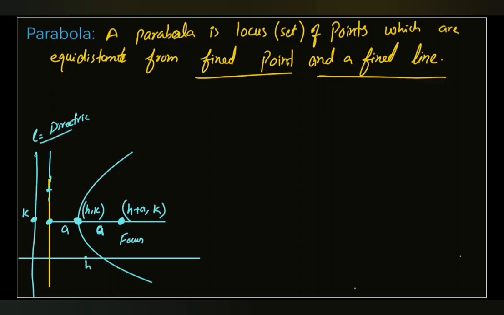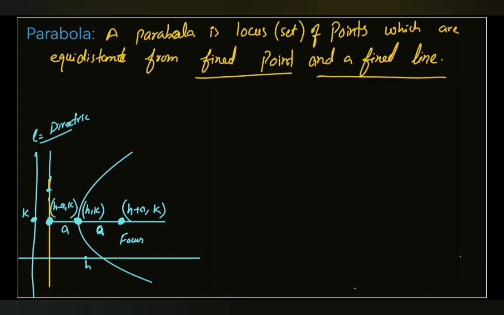If we go to the left side of the center, h is decreasing by a, so the coordinates of the point on the directrix are (h minus a, k).